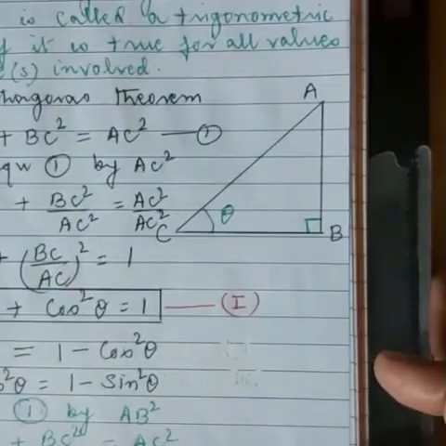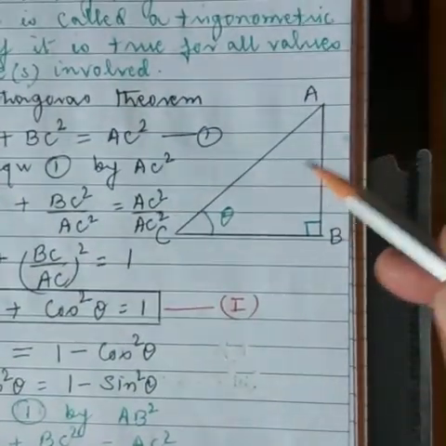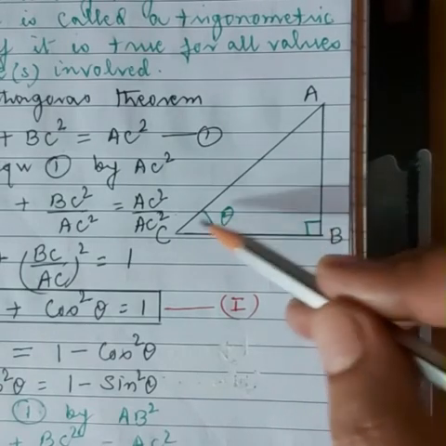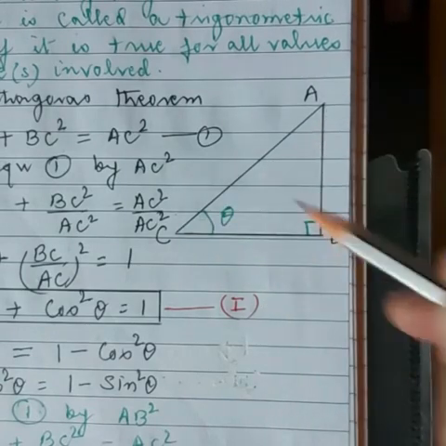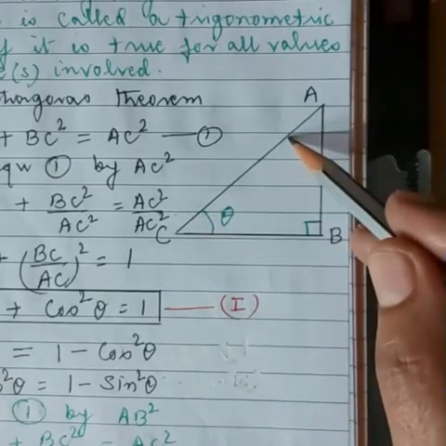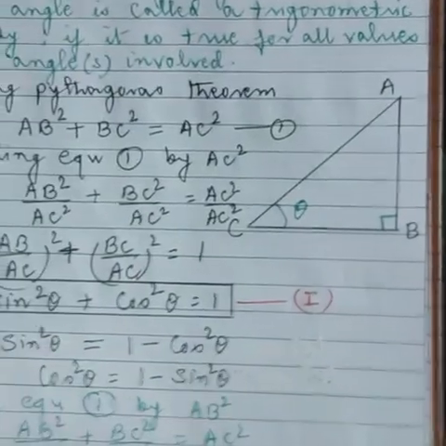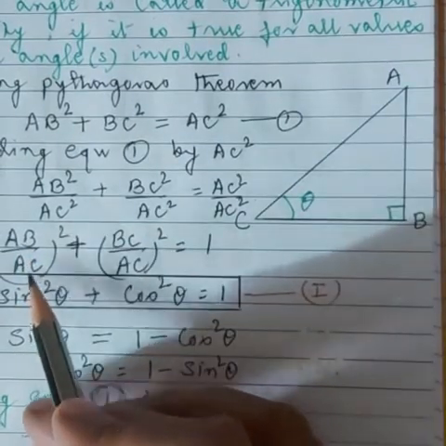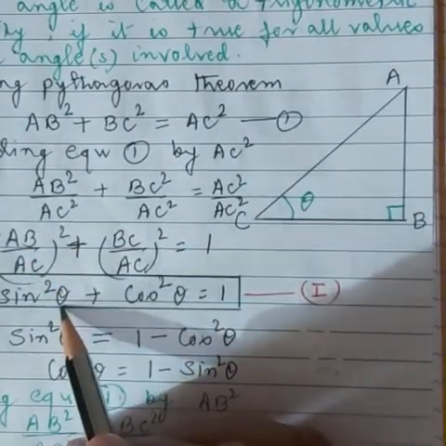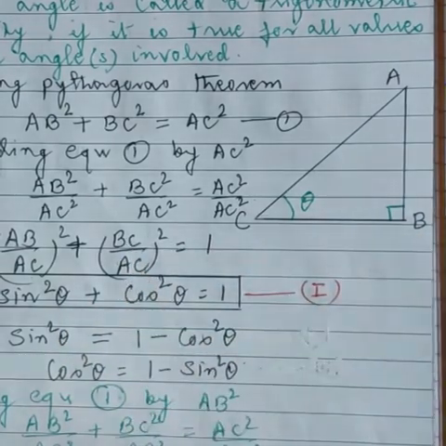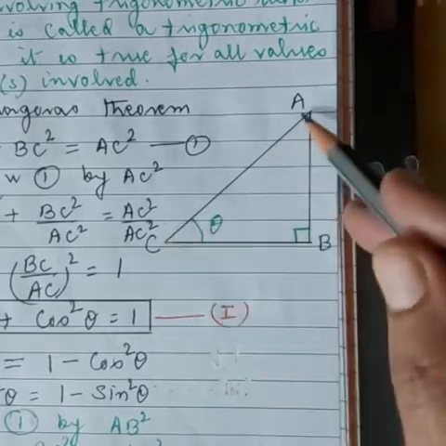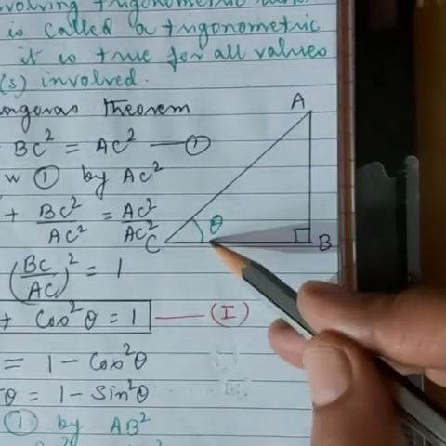Now see this figure in the triangle ABC, AB by AC is perpendicular by hypotenuse. Perpendicular by hypotenuse is sine theta. Therefore, AB by AC whole square is equal to sine square theta. Similarly, BC by AC is cos theta.